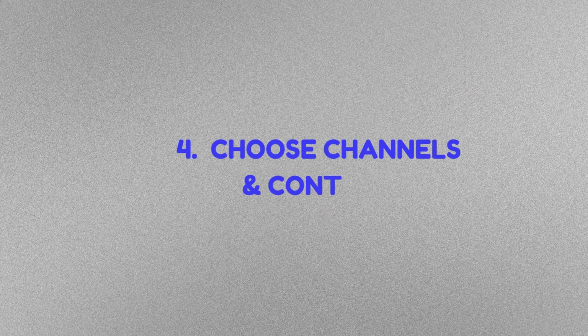Number 4 is choosing your channels. So if you've done the research on your audience, you would then know what channels they are on, in order not to waste time on other platforms. Not saying that you might not use other platforms, but you have to be more focused on the social media platforms where your audience are, in order to reach your goal.